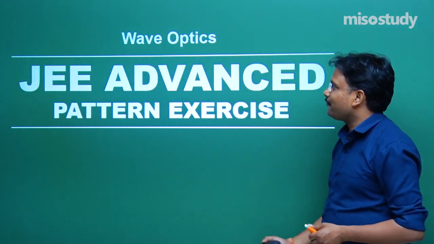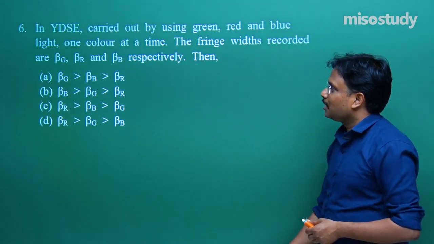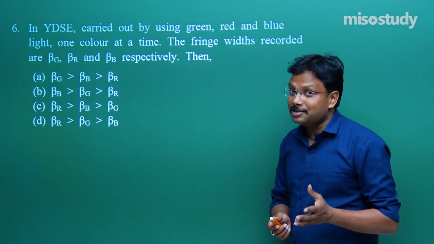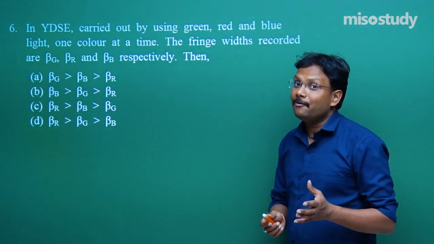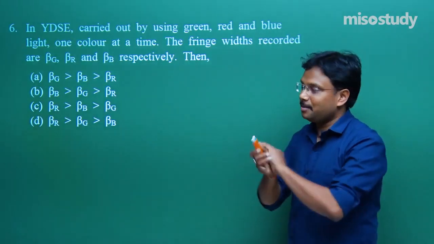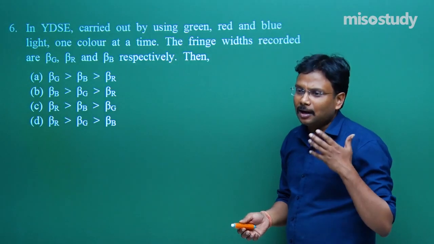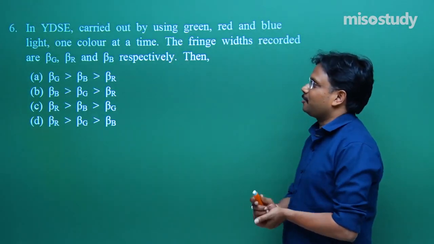Here comes your first question. Again, as you know, in wave optics, Young's double slit experiment is one of the very important fundamental experiments. That is why I thought to devote some good amount of discussion time to this experiment.